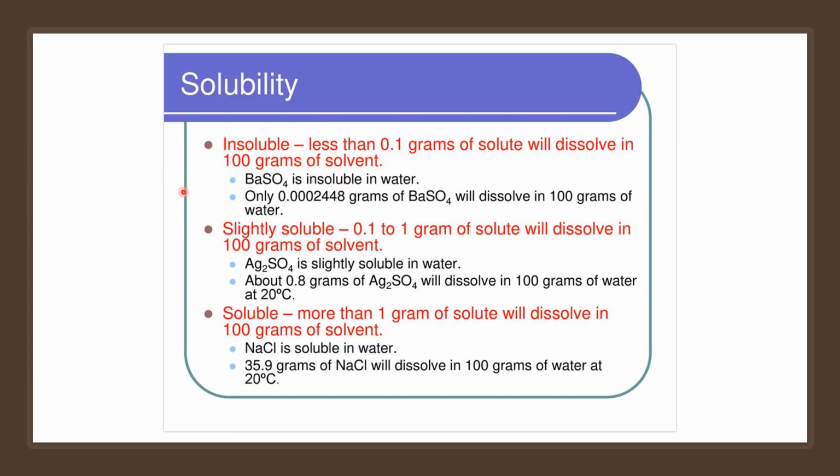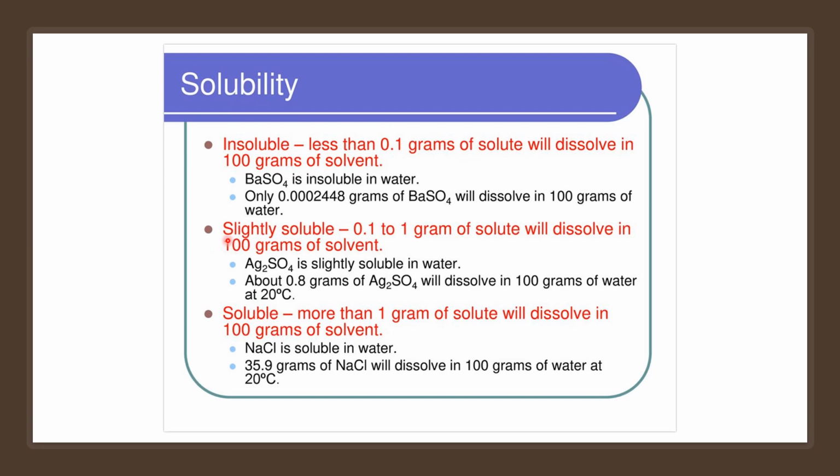To illustrate this classification, an insoluble compound means that less than 0.1 grams of solute will dissolve in 100 grams of our solvent. An example of this is barium sulfate. Barium sulfate is said to be insoluble in water because only 0.0002 grams of barium sulfate will dissolve in 100 grams of water, and this is less than 0.1 grams, so this particular compound is classified as insoluble.